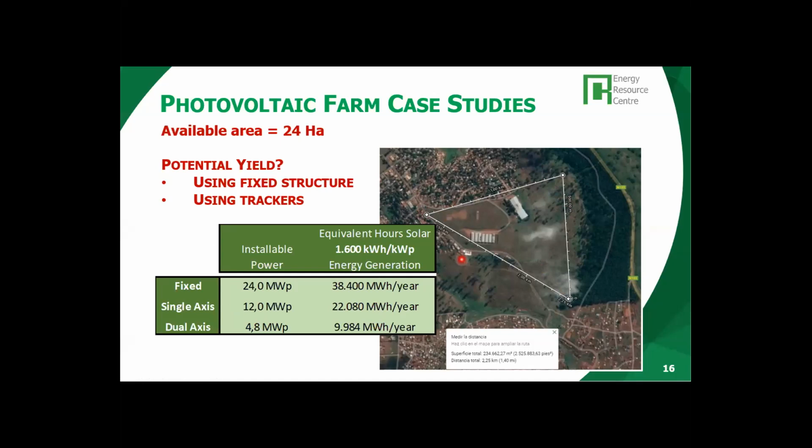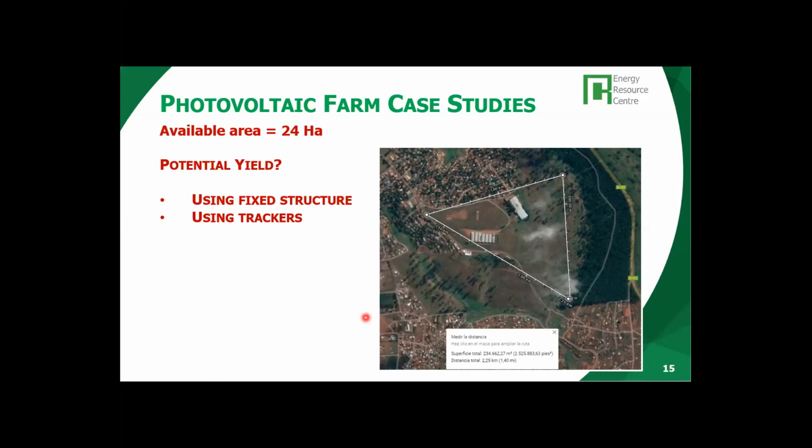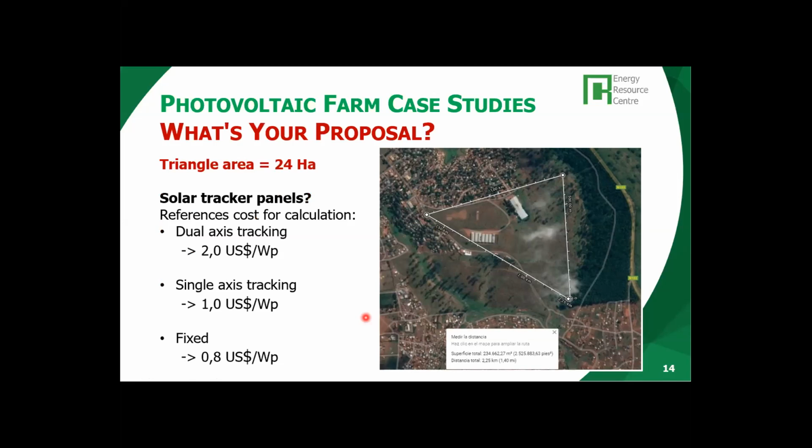We go for fixed structure always because it will give the most PV capacity installable? Or perhaps there are some possibilities with the trackers. What do you think about the cost? Let me show you.